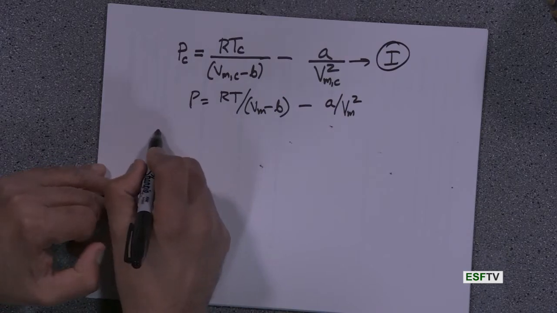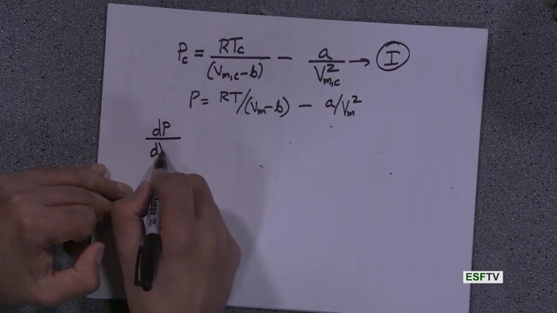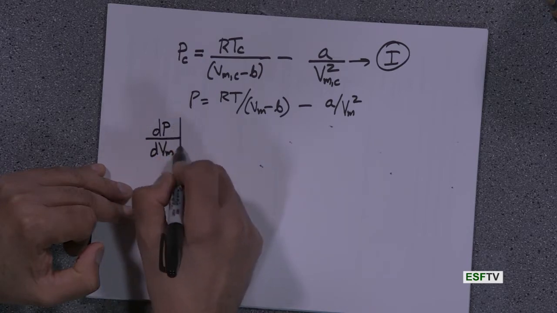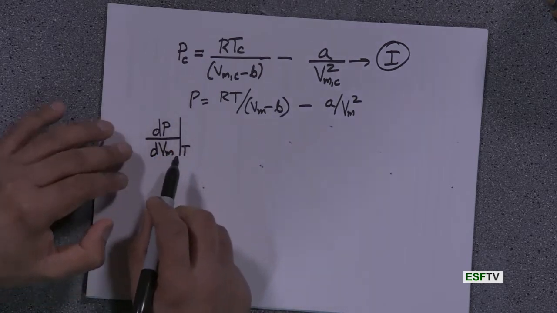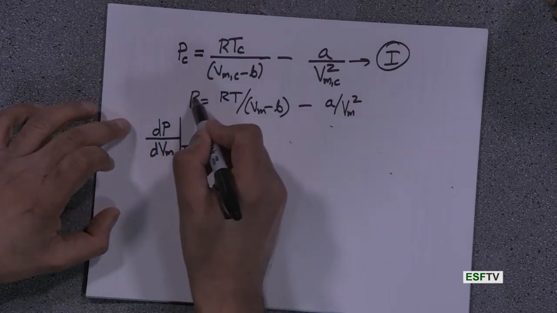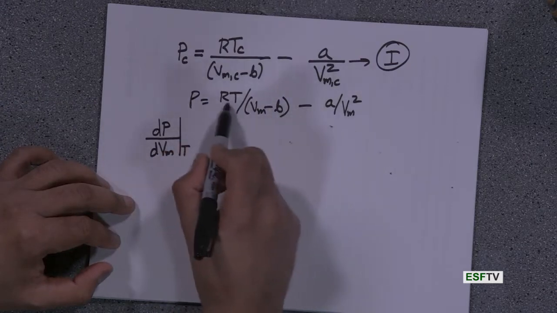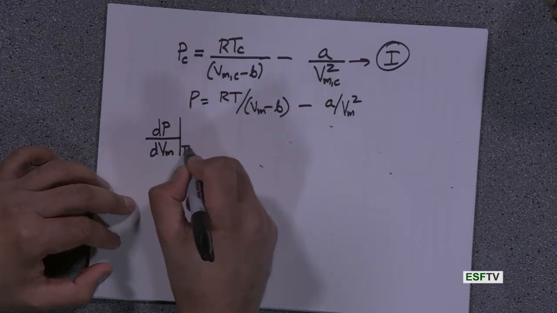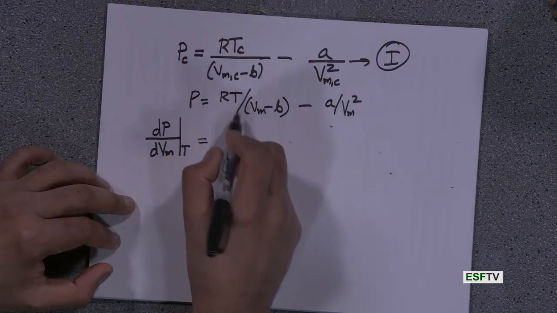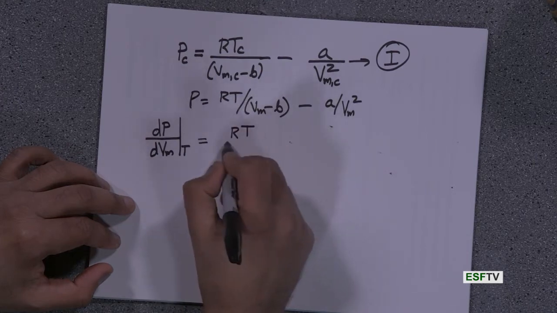The second equation comes from enforcing that the slope dP over dV molar at fixed temperature has to be 0. So let's calculate for ourselves the derivative. Let's get some practice in how we calculate this. So the pressure is this, dP over dV molar at fixed temperature. Temperature is fixed, so nothing happens to the temperature.